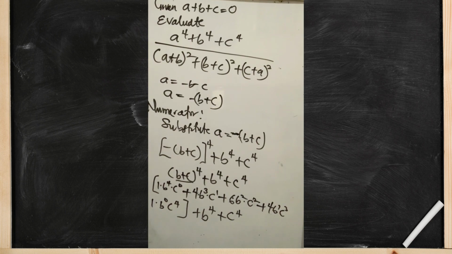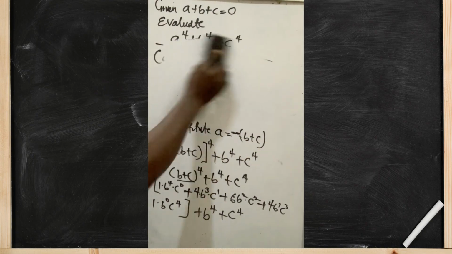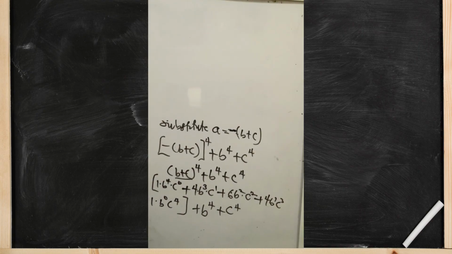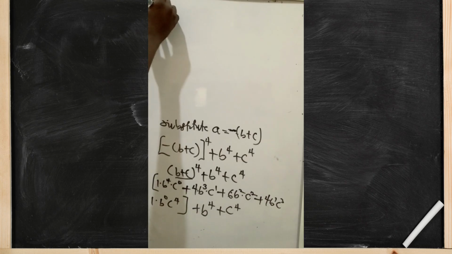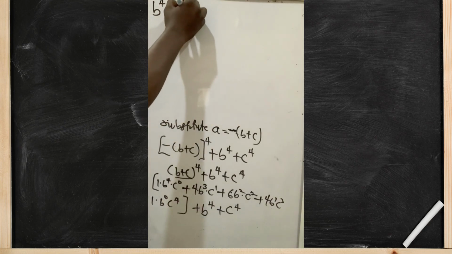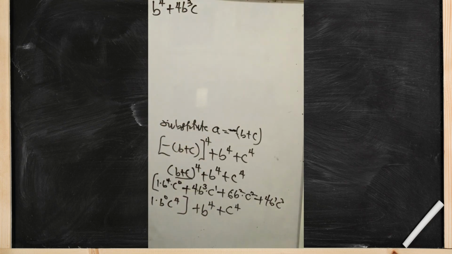I hope you get that. So moving forward, if you look at this expression, just for us to be able to bring it up, you are going to be having 1 multiplied by b raised to power 4 times 1, because c raised to power 0 is 1. That will give you b raised to power 4. And all of this will give you plus 4b cubed c.